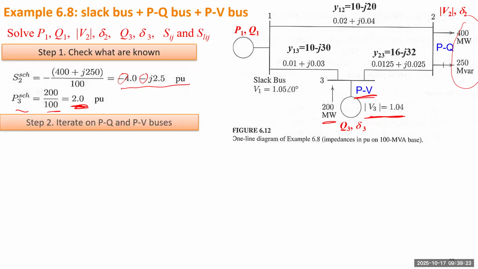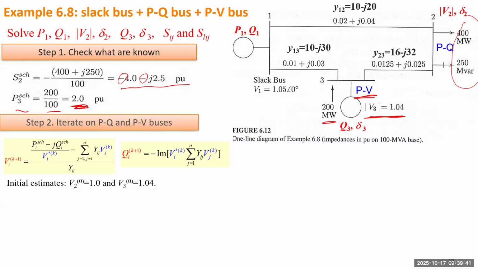Step number 2, we need to iterate on both the PQ bus and the PV bus, so we'll need to use both formulas here. The first formula is for the PQ bus and the PV bus, and the second formula is for the PV bus. We start the iteration from an initial estimate.